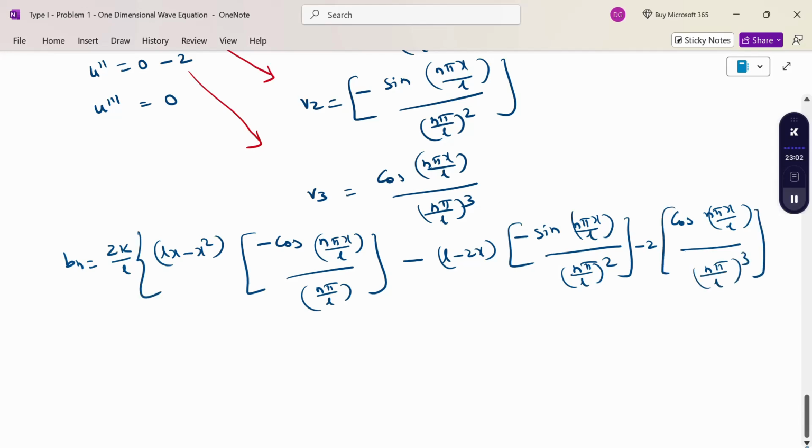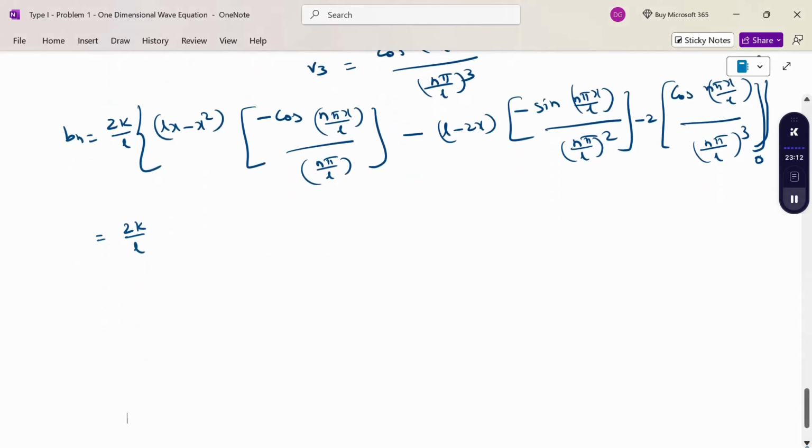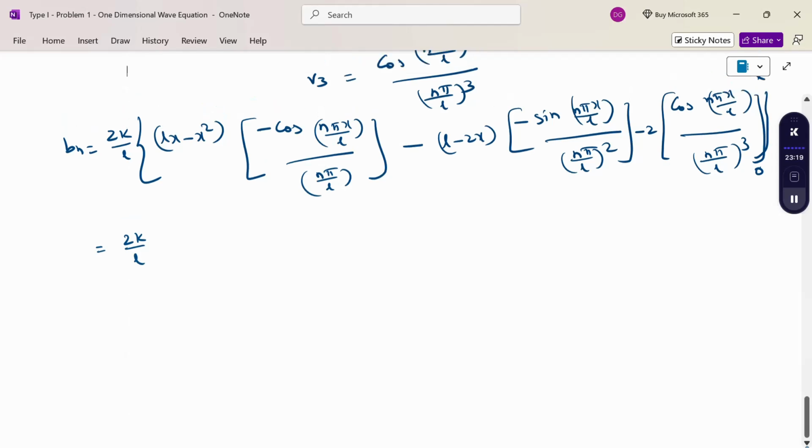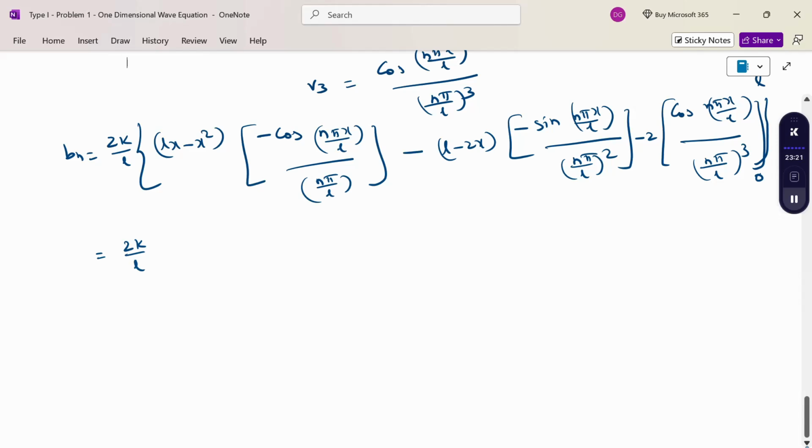Now the limits are 0 to L. So when I am substituting, substitute upper limit minus lower limit. My suggestion: if, when substituting the upper or lower limit value, the term becomes 0, you just directly write 0.